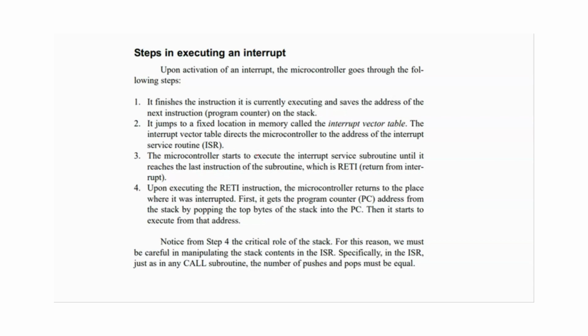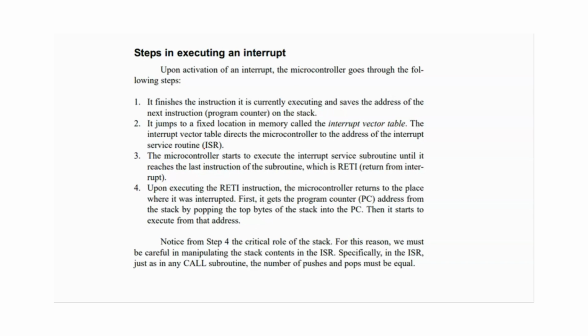Next, there are the steps in executing an interrupt. These are again very logical, as whenever we do any task and there is some interruption, we act according to the importance of that emergency interruption, or we may hold off on it.